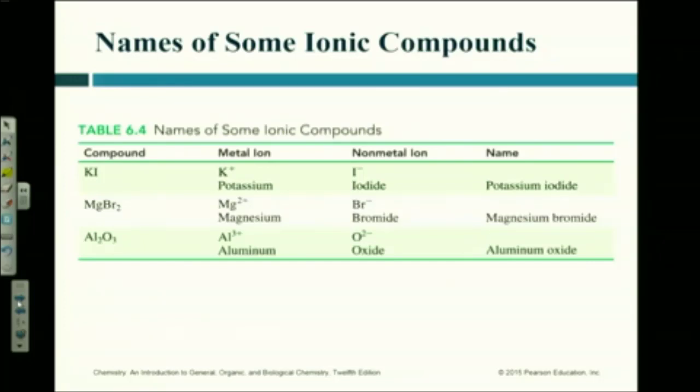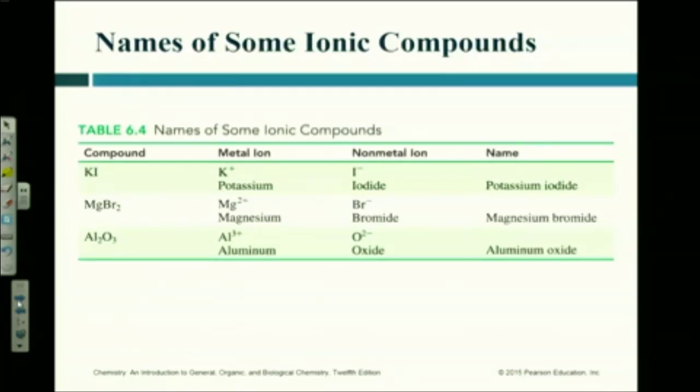Not in the name, it doesn't tell you that, does it? But because you already know some stuff, you can figure it out. You're going to be able to. We're going to work on it today.